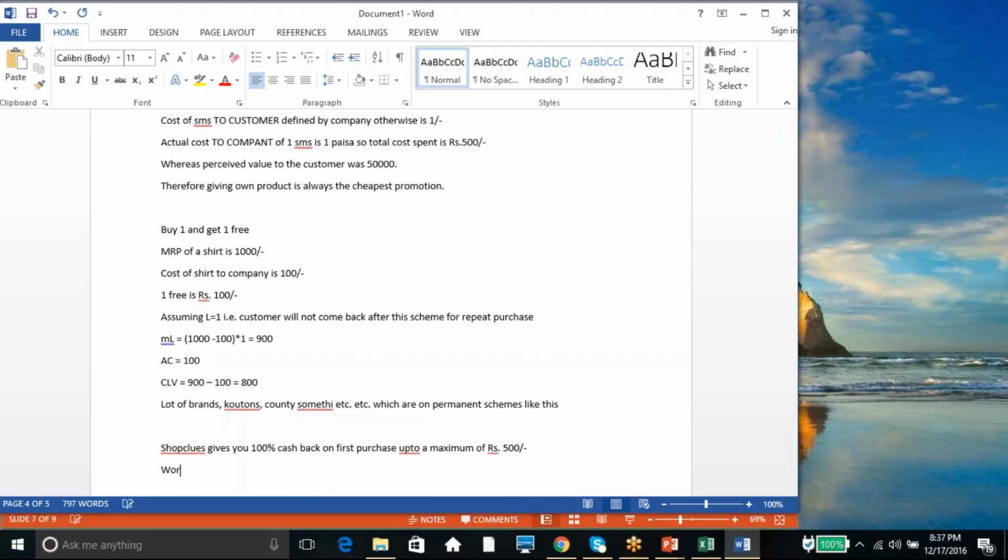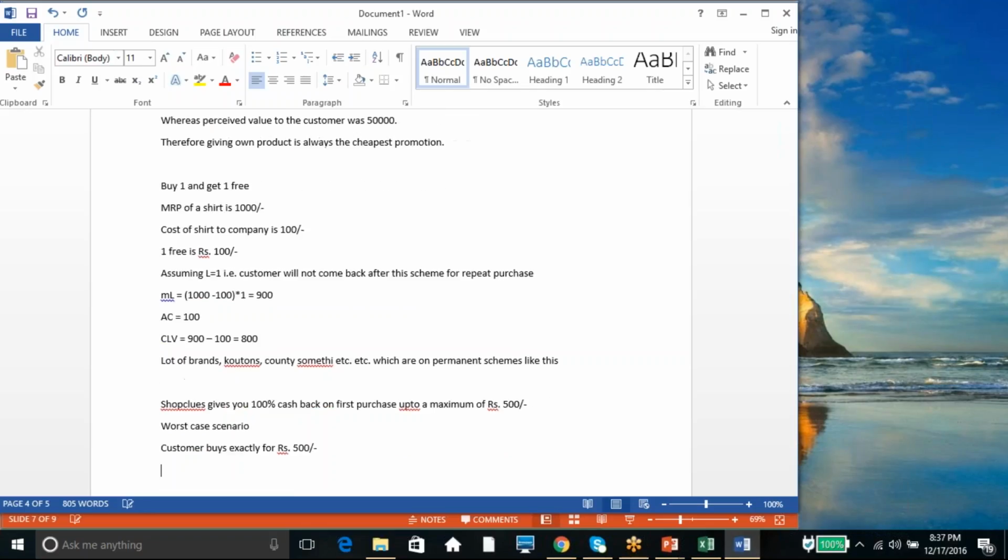So worst case scenario, the customer buys exactly for rupees 500. Retail margin is say 30%. So now tell me, what is the acquisition cost?